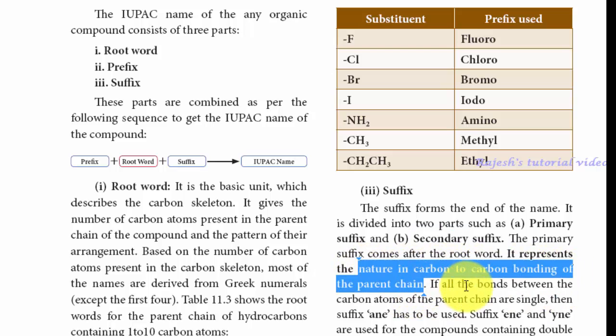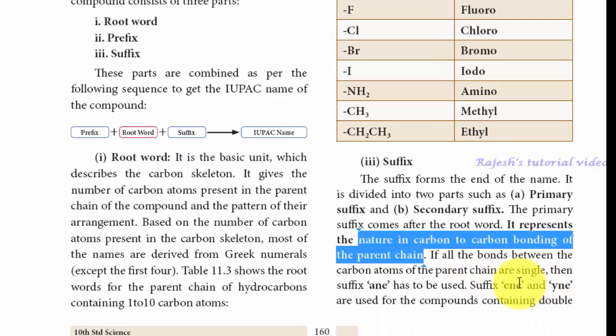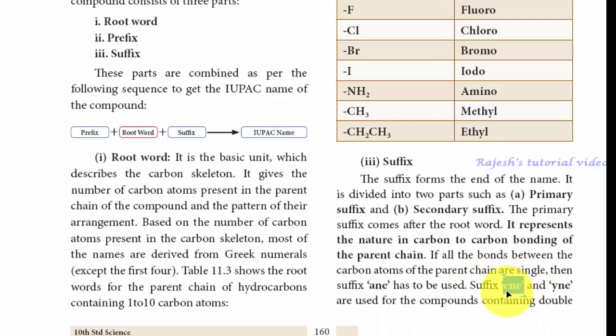If all the bonds in the carbon chain are single, then the primary suffix will be ane, that is methane, ethane and so on. If the bond between carbon and carbon is double or triple, then the primary suffix will be ene and yne respectively. If it is a double bond, the primary suffix will be ene, that is ethene, propene and so on.